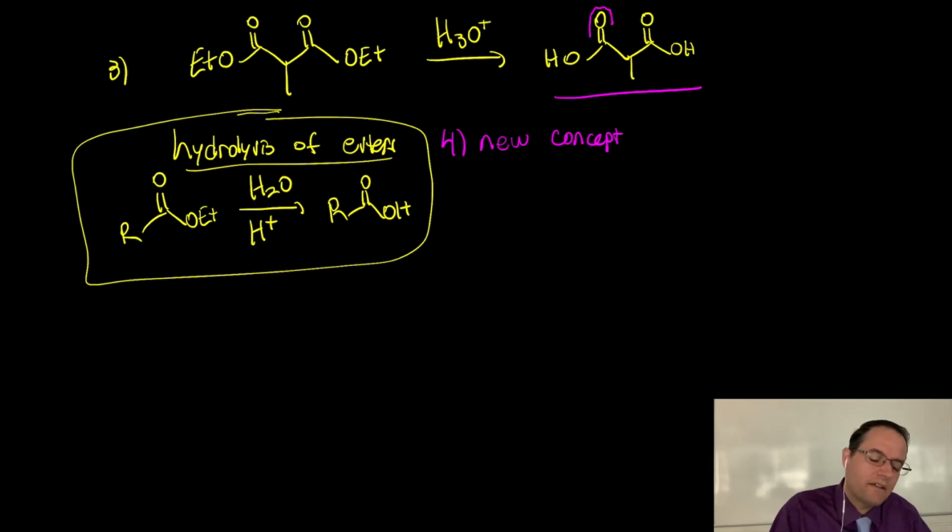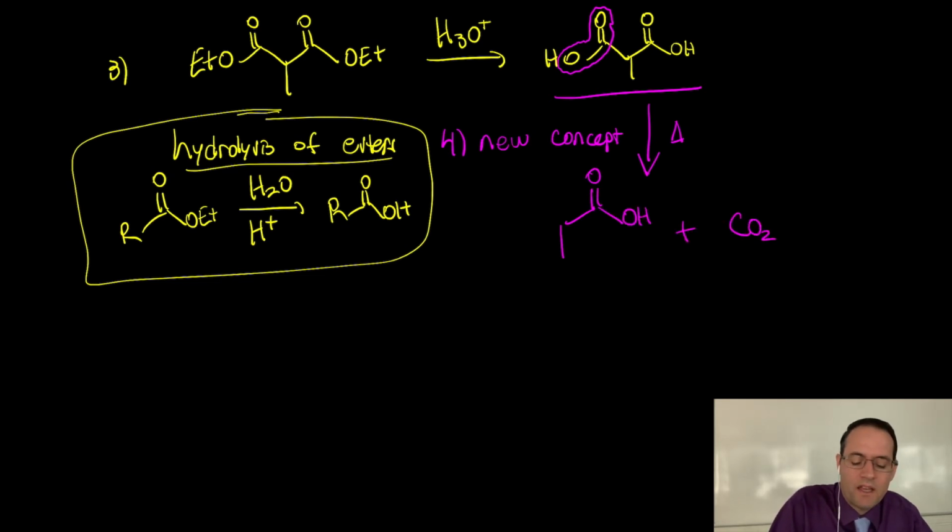Let's draw that. Here's CO2 right there. If you warm this up, not a whole lot of heat is required, and it's a very rapid reaction. You're going to form the carboxylic acid that looks like this and CO2.